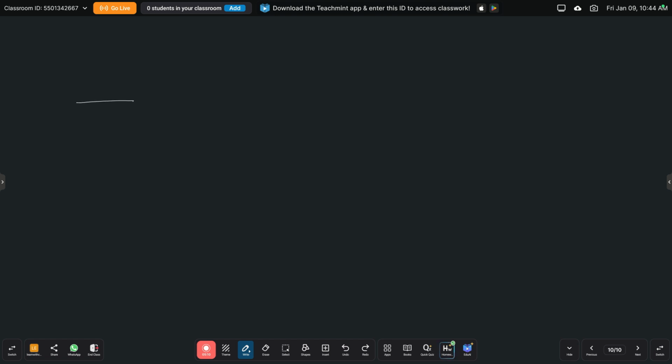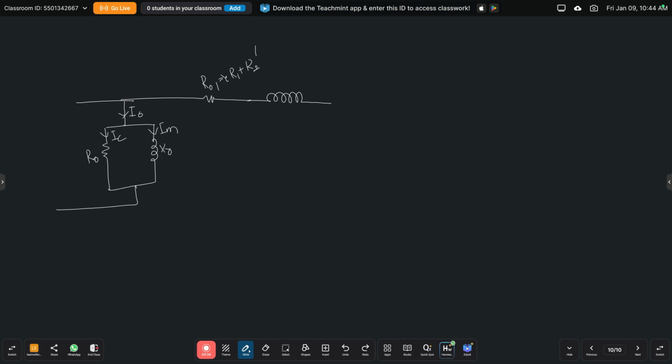So we can draw this: the no-load component I0, where I am going to represent R0 as the active component IC, and the reactance X0 as the IM component. Here I represent R01, that is R1 plus R2 dash, and the reactance term X01, that is equal to X1 plus X2 dash.